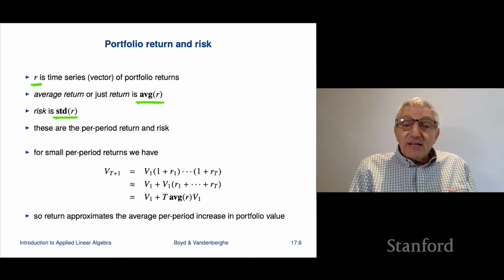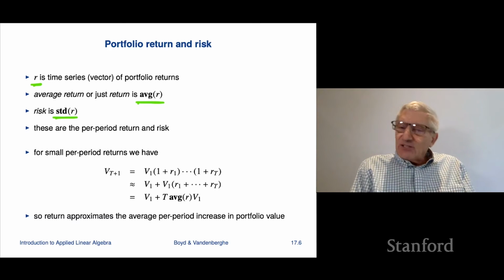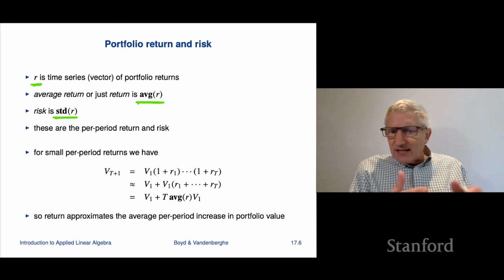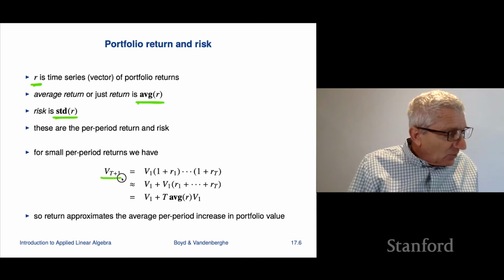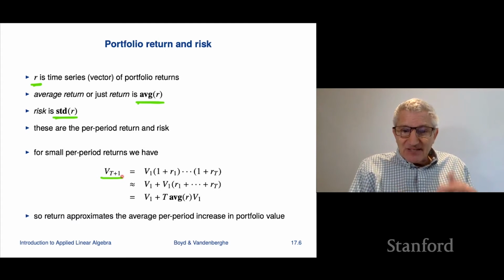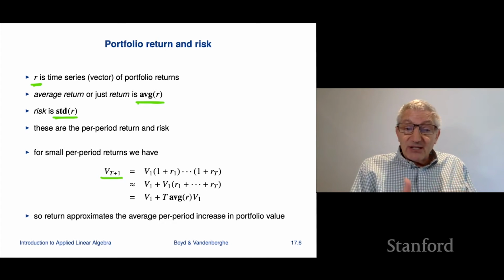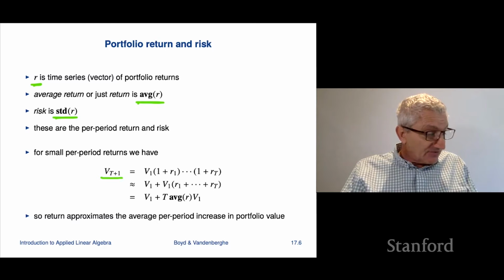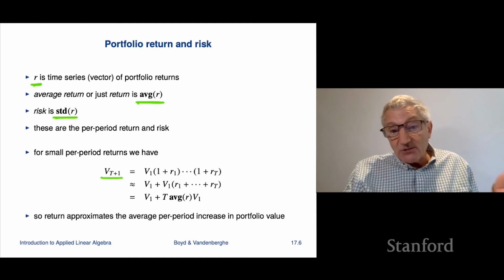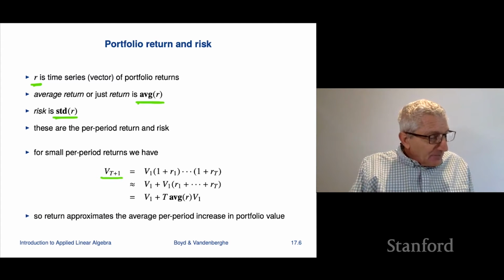Now they're related to the increase in value, not directly. It's not like it's equal to it, but here's the analysis. It says if you look at V_{T+1}, that's the value of your portfolio, basically if you propagate forward T time steps from 1, your initial time step. And it's equal to this.